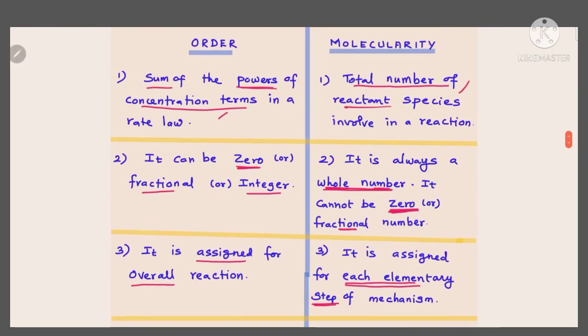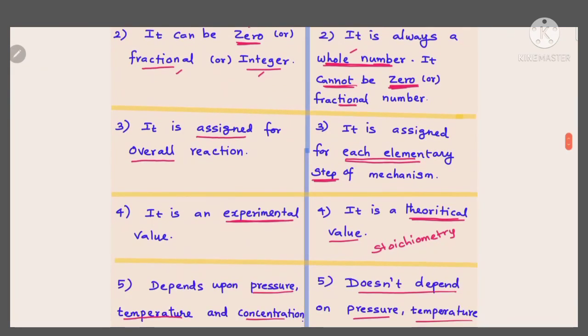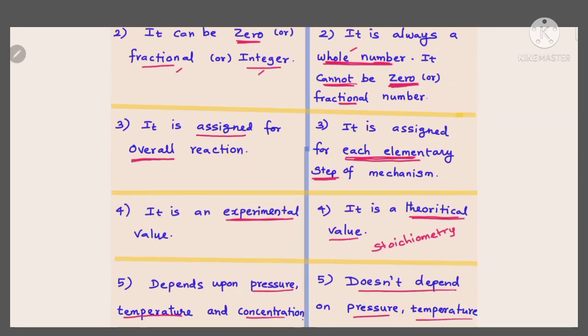To summarize: order is the sum of powers of concentration terms, while molecularity is the total number of reactants in a reaction. Order can be zero, fractional or an integer. But molecularity is always a whole number, and cannot be zero or fractional. Order is assigned for the overall reaction, molecularity for each and every elementary step of the reaction.